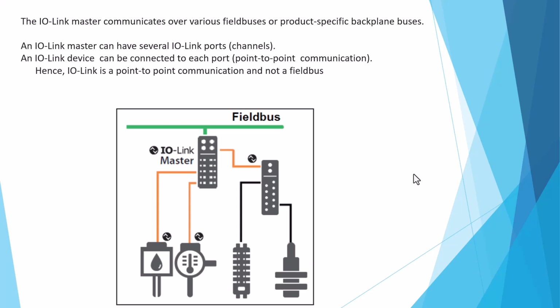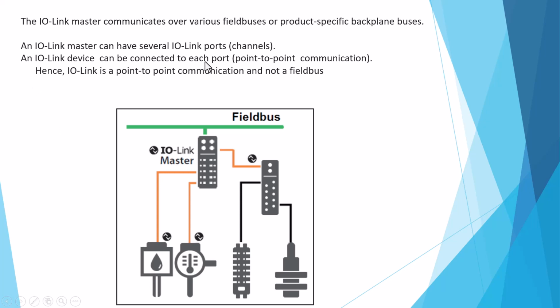The IO-Link master can have several IO-Link ports. Every IO-Link master has several ports, most of the time 8 ports, and every port connects one device. So an IO-Link device can be connected to each port.